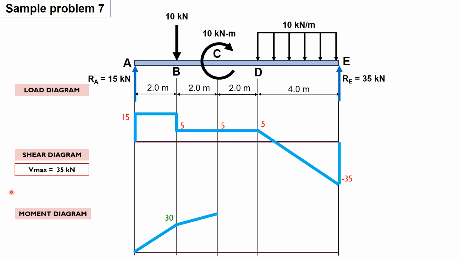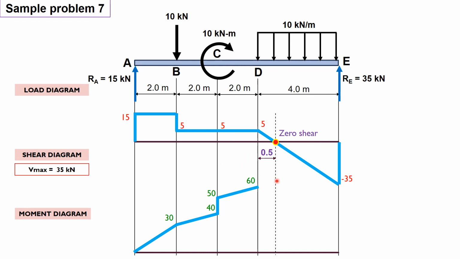So inulit lang natin para medyo ma-review tayo kung saan tayo nahinto. So dito tayo sa 60, nahinto kanina, and then let us get the moment here at the point of zero shear. So again, yan yung point natin, and we were able to solve this distance na 0.5.